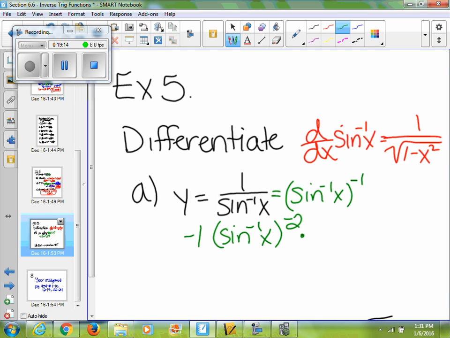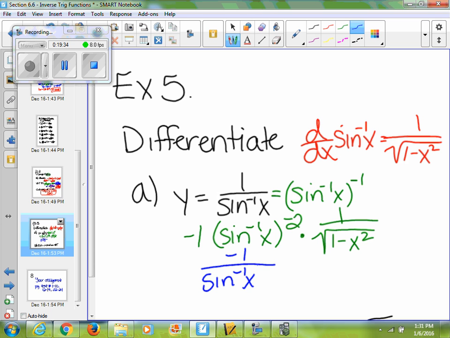Times the derivative of the inside, which is just the derivative of the inverse sine of x, which Mikey told us was 1 over the square root of 1 minus x squared. Now we can simplify. This negative 2 can become a positive 2 if we move this inverse sine of x down to the bottom. So the inverse sine of x squared.